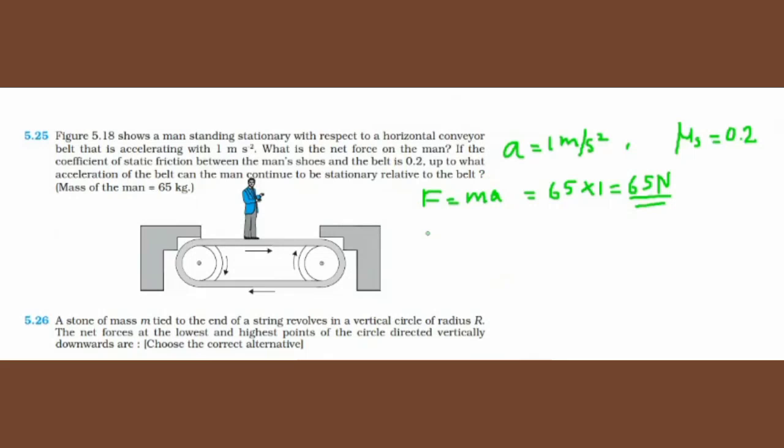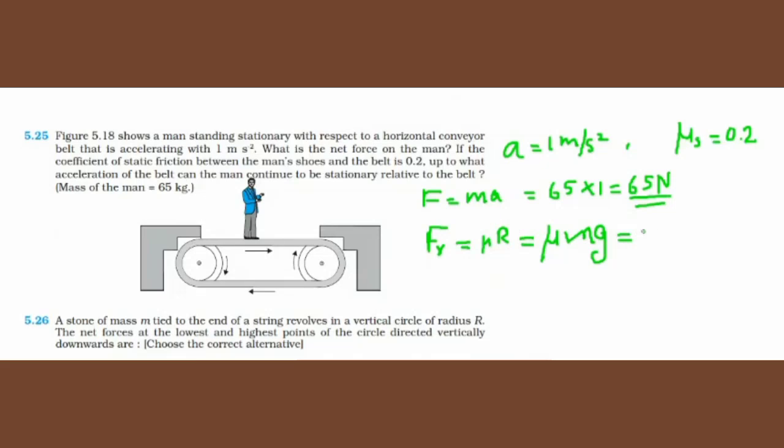Let's calculate how much friction is there. Friction is equal to mu R, is equal to mu mg. Substitute the value of mg and mu. So you will get the friction, and that friction, how much will be the acceleration?